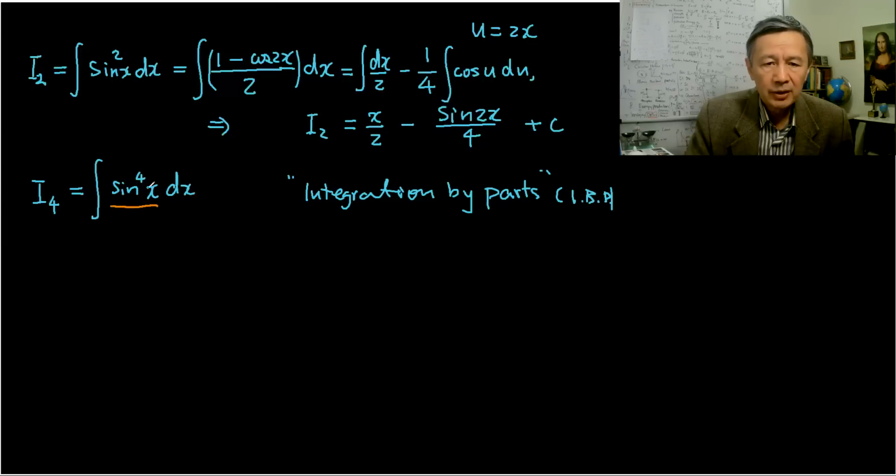Because this power is too high, I want to reduce the power here. So I call this u, because once you use integration by parts, this term u is to be differentiated. In other words, this power will be reduced by 1. Then I will call this one v.